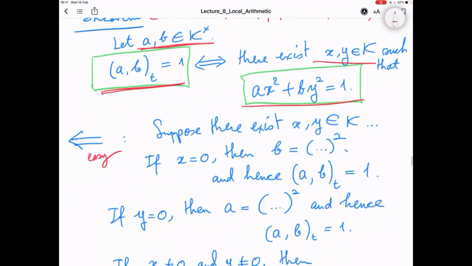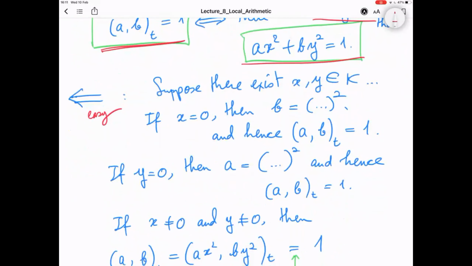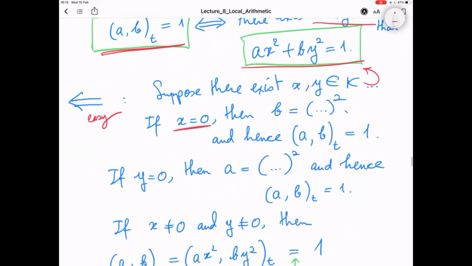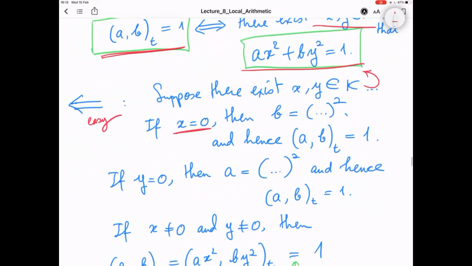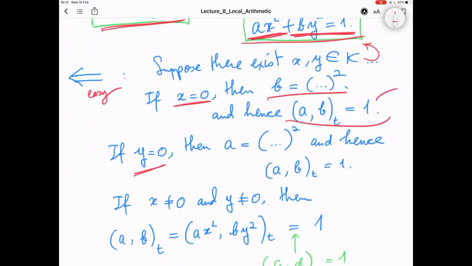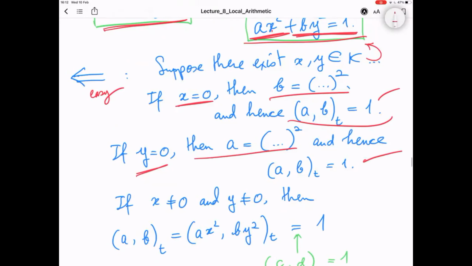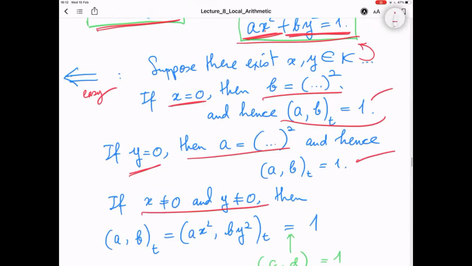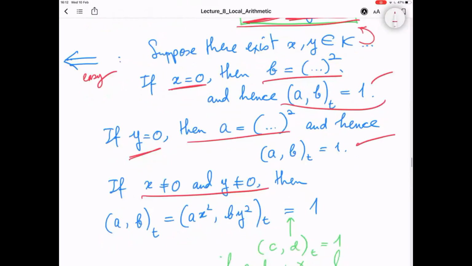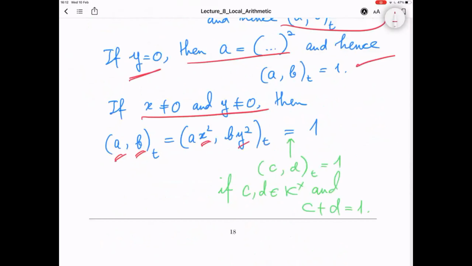If x and y exist satisfying this, then if x is equal to 0, this B has to be a square, and therefore this Hilbert symbol is equal to 1. You are done. Similarly, if y is 0, then A is going to be a square, and the Hilbert symbol is equal to 1. If both of them are non-zero, then I can multiply A and B by these squares without changing the Hilbert symbol.